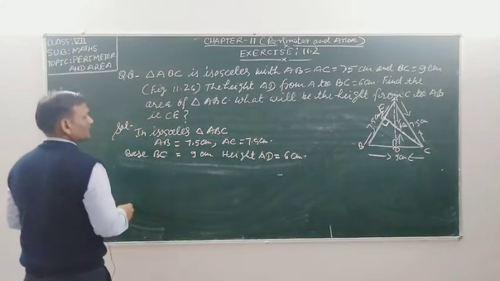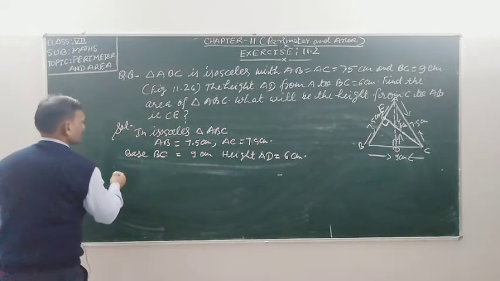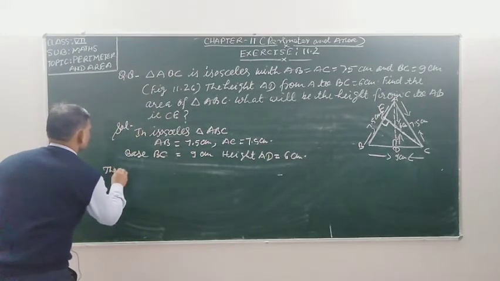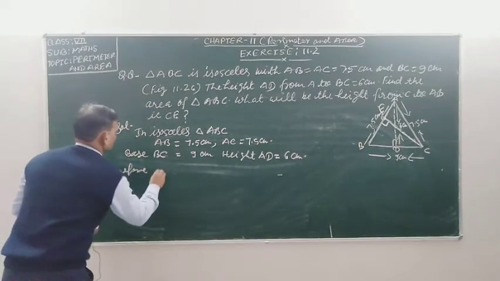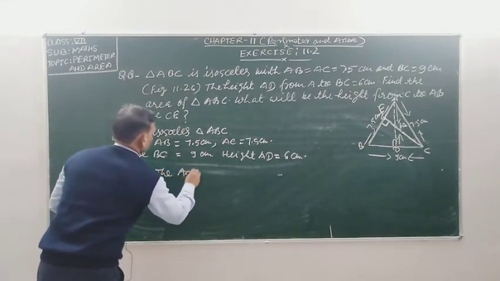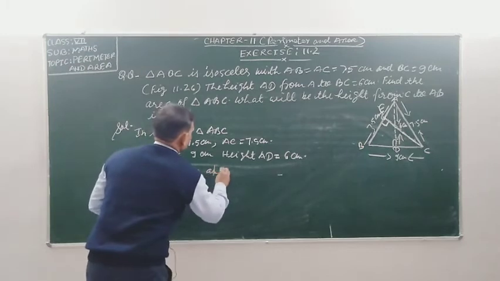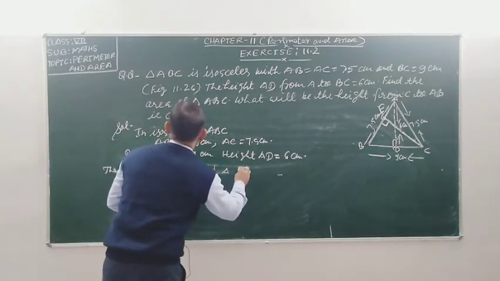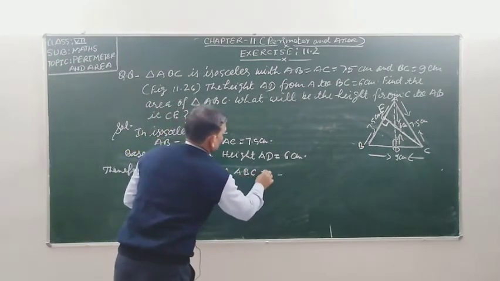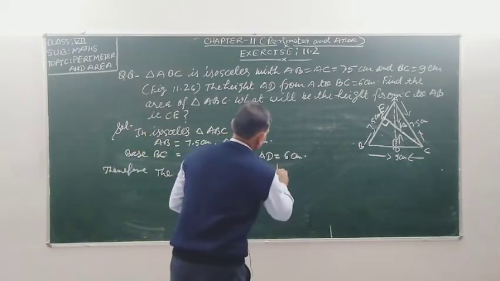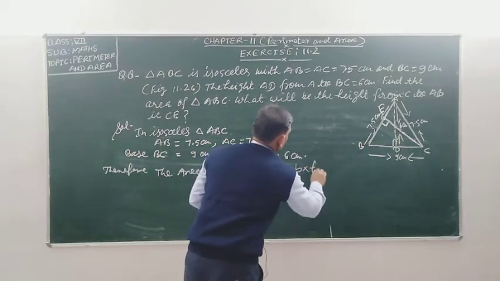So the area of the triangle, very easy, student. Therefore the area of triangle ABC, you know the formula, 1/2 into base into height.